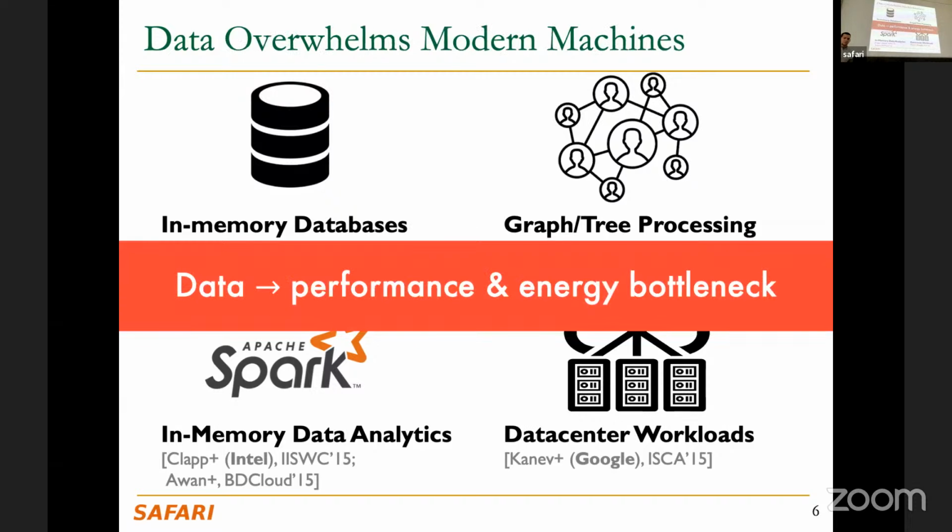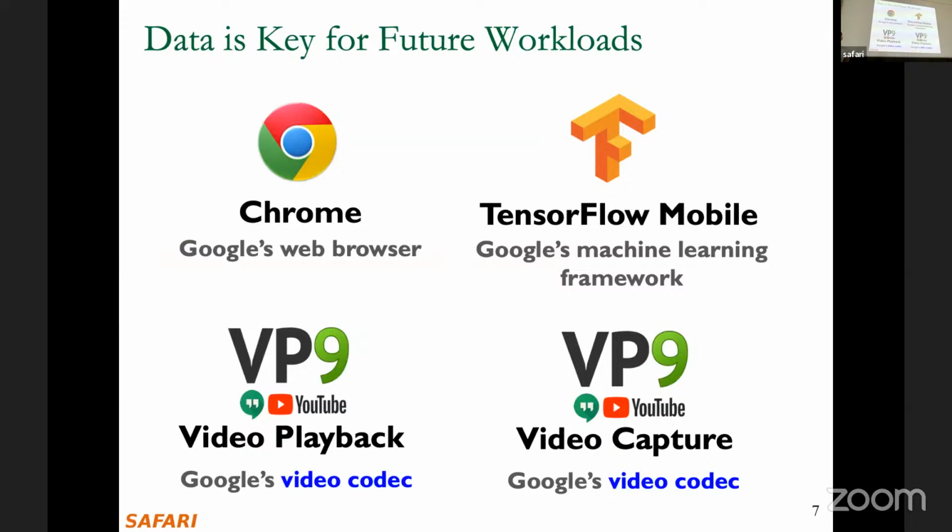And what we are seeing today is that because of this data movement bottleneck, or this requirement of large amounts of data for applications to consume, we are seeing performance and energy overheads created by moving the data across the system that those applications run on. So we did some study in several workloads, for example, in mobile devices.